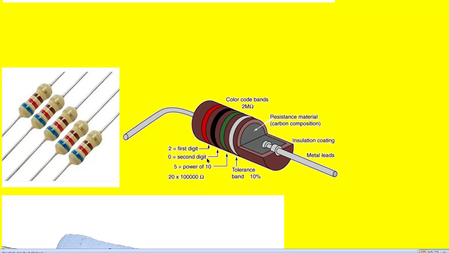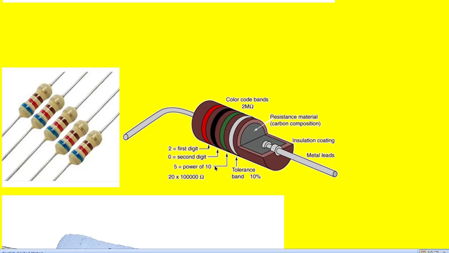First digit and next the second digit. Next there are other bands, the power of 10, that is 10 power 5 that we get. So here the first band indicates 2. The second band is black, so it is 0.